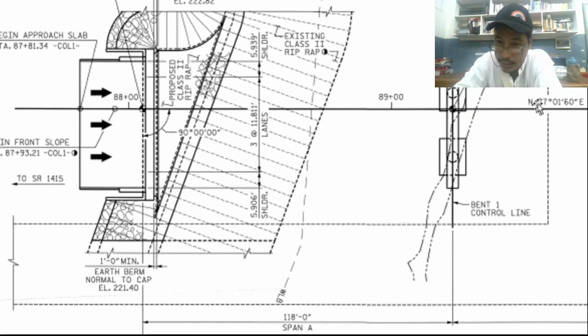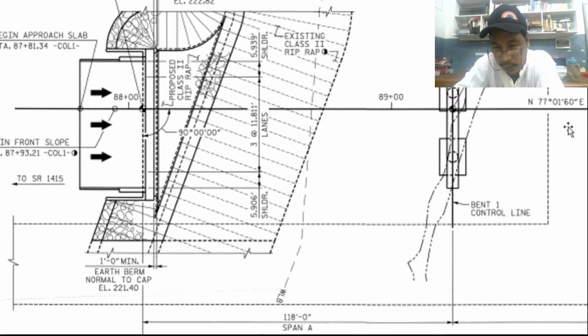That is the direction, the Earth's direction with respect to the globe. Okay, so we have north to northeast. That is a northeast direction. So the reference is north, then measure 77 degrees, 1 minute 60 seconds, going east.